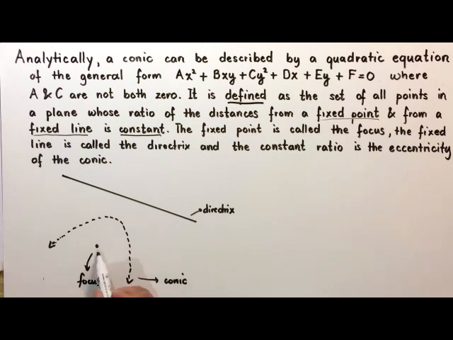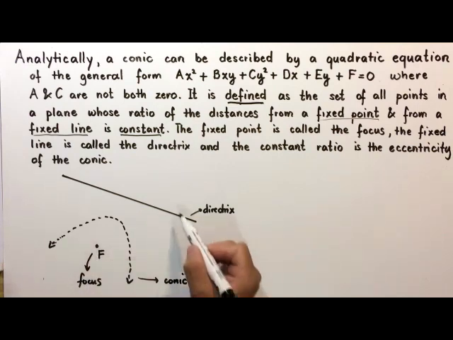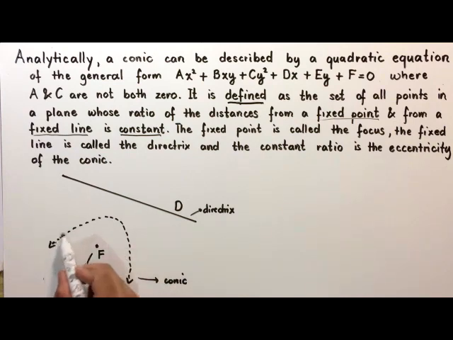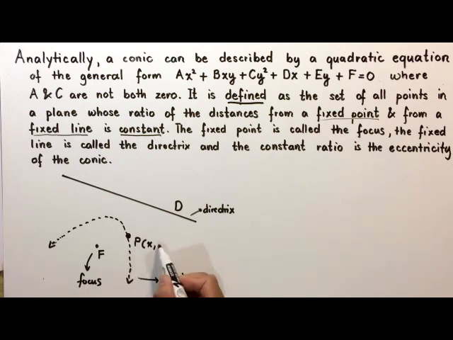So let's represent this point as point F, and this line as the line D, because this is the directrix of the conic. Now, if this is the conic, and I identify here a point on this conic, say point P, it has coordinates x and y.